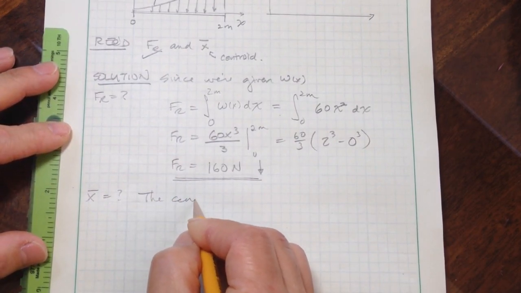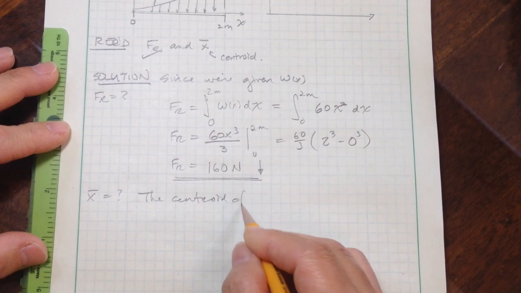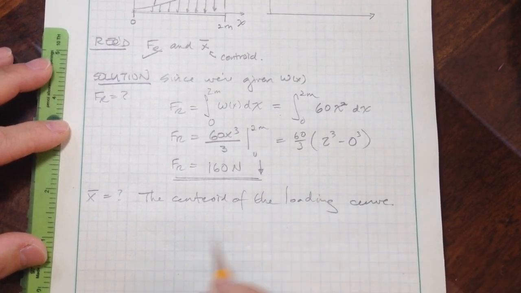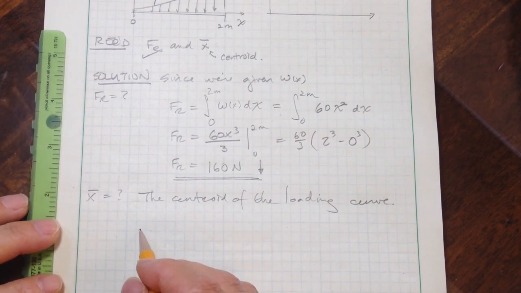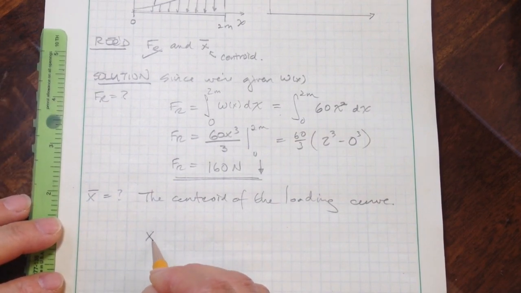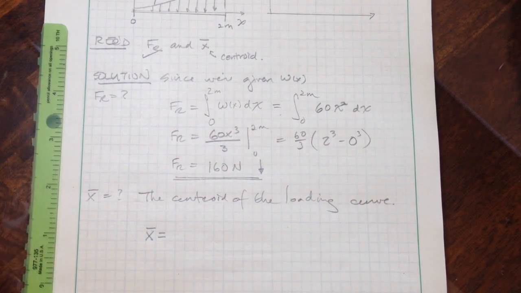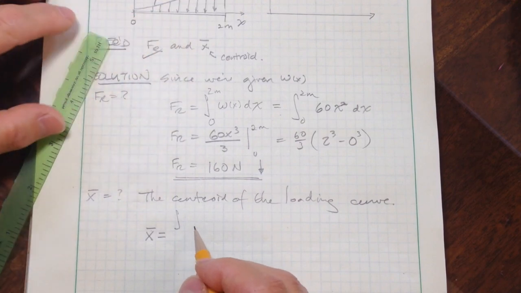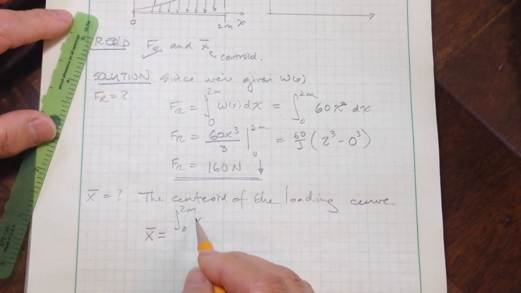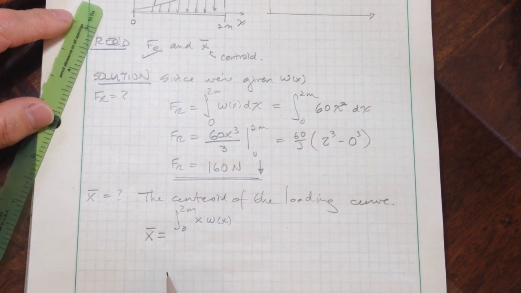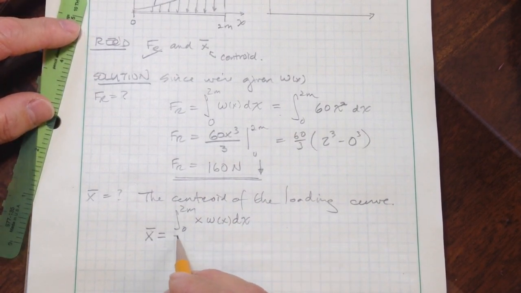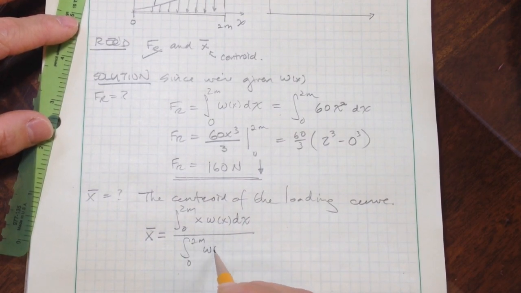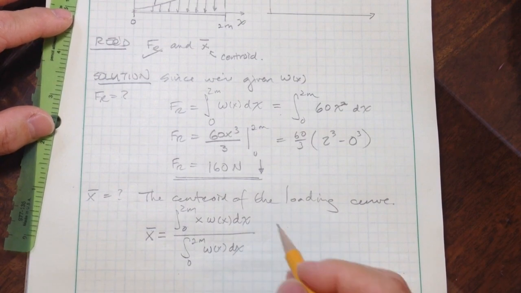So the centroid of the loading curve can be found by using this equation. So x bar is equal to the integral from 0 to 2 meters of x times that loading function w of x dx, all divided by the integral from 0 to 2 meters of that loading function dx.